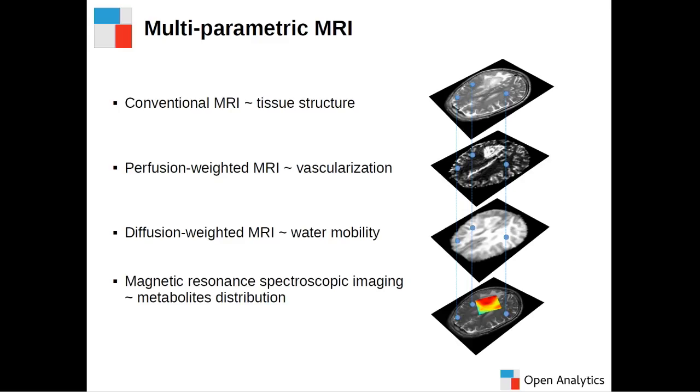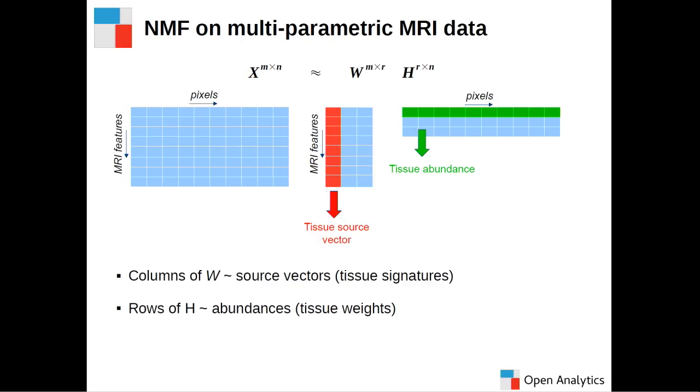So the idea is that we combine all these modalities. So basically for each pixel in our image, we have a set of MRI intensities. And so we have 4 imaging modalities, but for each of them we have several MRI images, in fact. So in total we have 15 MRI features in each voxel.